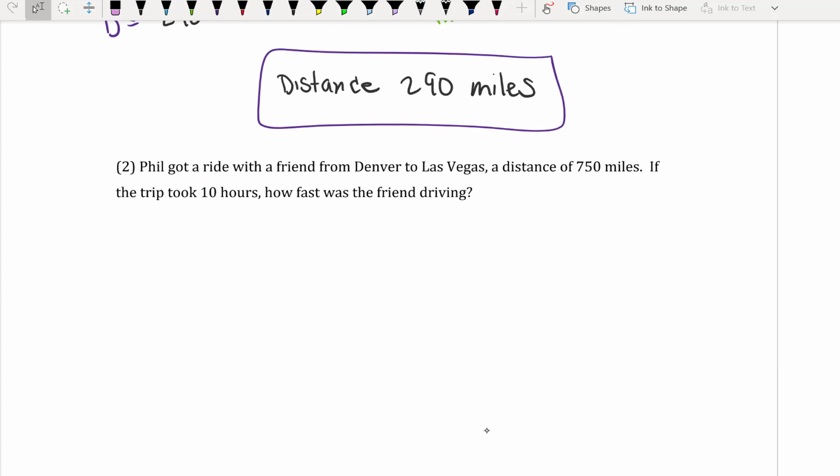For number 2, it says Phil got a ride with his friend from Denver to Las Vegas, a distance of 750 miles. If the trip took 10 hours, how fast was the friend driving? Well, you know that you start out in Denver, and you end up in Las Vegas.